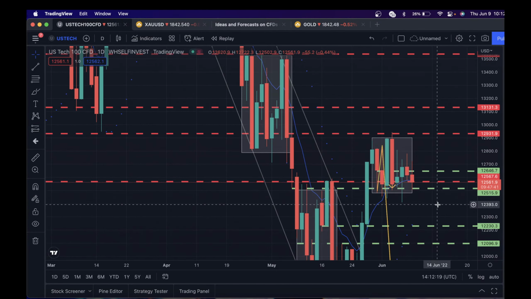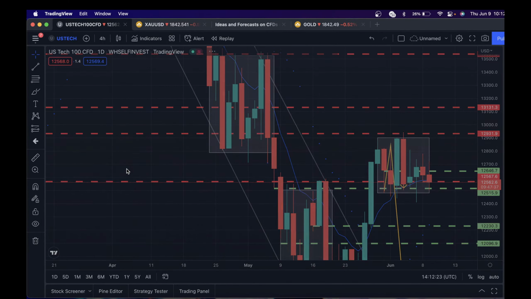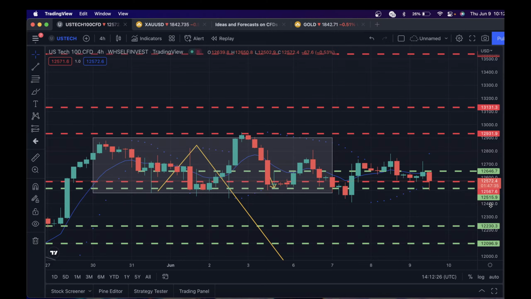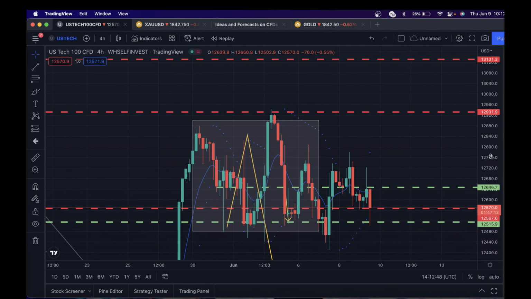If you guys want to buy, you can buy from 12,500, which is possibly a support, and you can set TP at 12,930, somewhere like that.